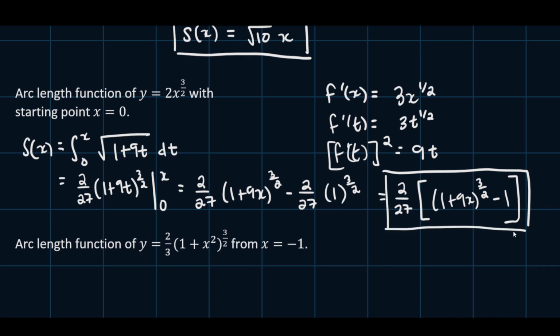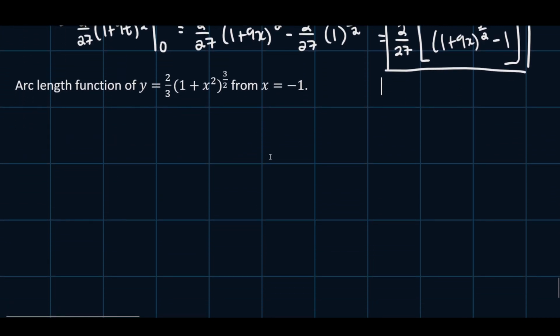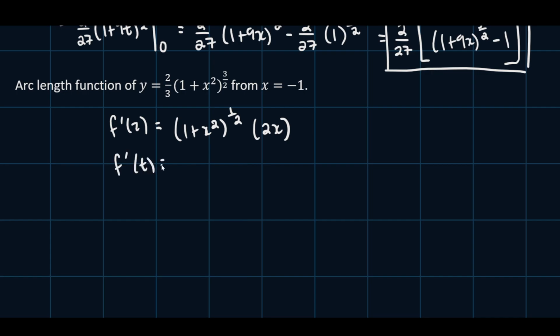And last, the arc length function of y equals 2/3 times 1 plus x squared raised to 3 halves from x equals negative 1. Okay? So, f prime of x, again, is equal to 1 plus x squared raised to 1 half times 2x. So for f prime of t, we just replace x with t.